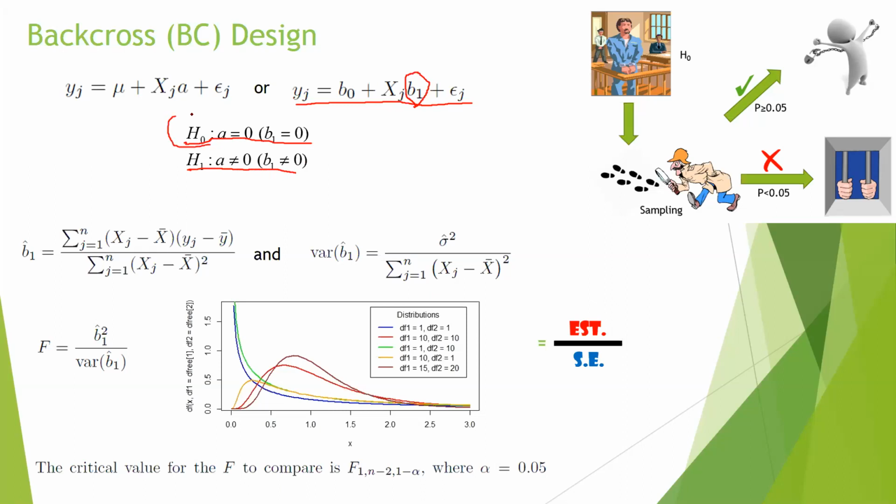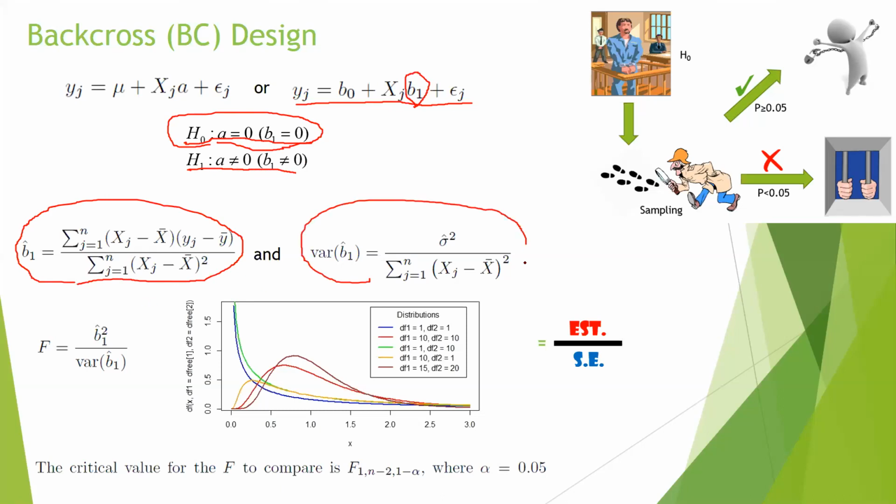Now we just put the null hypothesis on trial to see if the data fits this null model. The R code can help you calculate the estimation of this B1, the slope, and also calculate the variance of the estimation of B1 to construct an F statistic for the test.